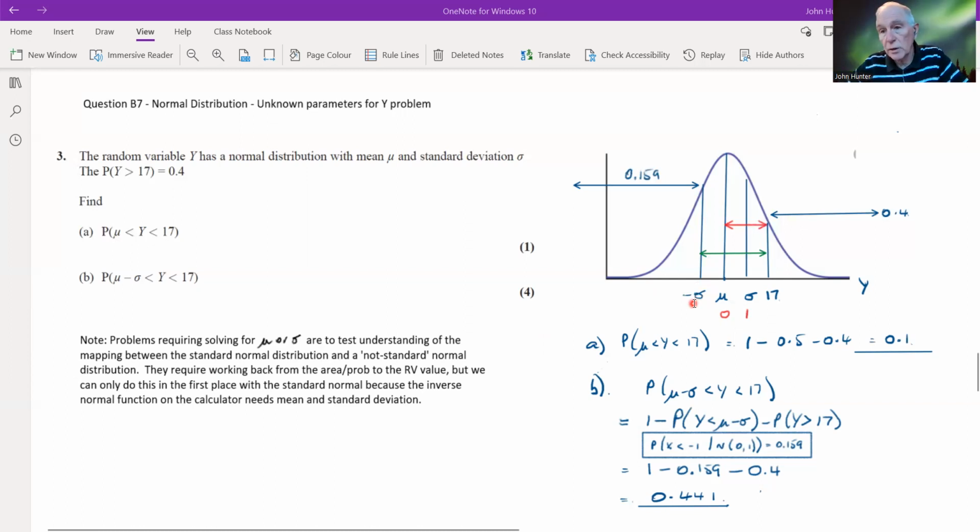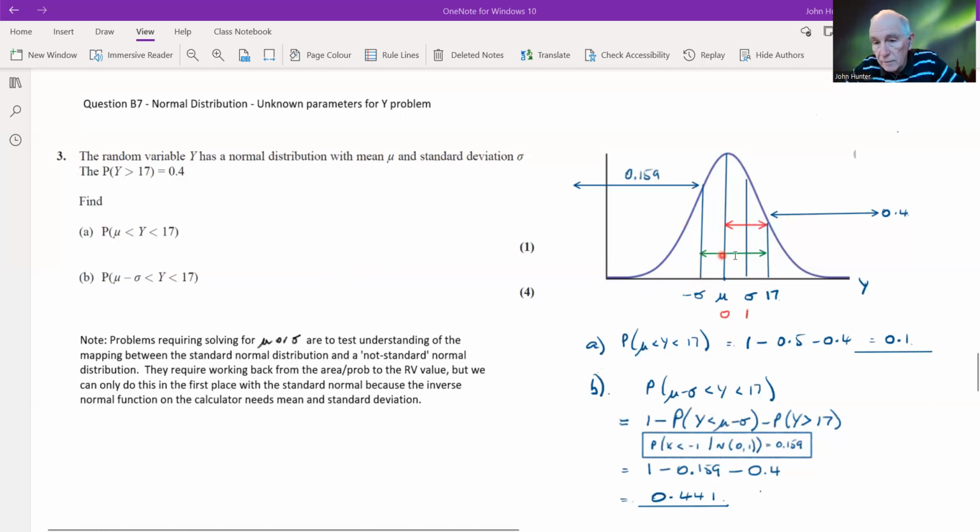So if we assume 0 and 1, we can go to our calculator and work out that the probability that the random variable is less than -1 is 0.159. So that's what this area is here, 0.159. Now I've not actually used our little mapping equation, which is z equals x minus mu over sigma, but that's essentially what we have done. And so this area here is 0.159.